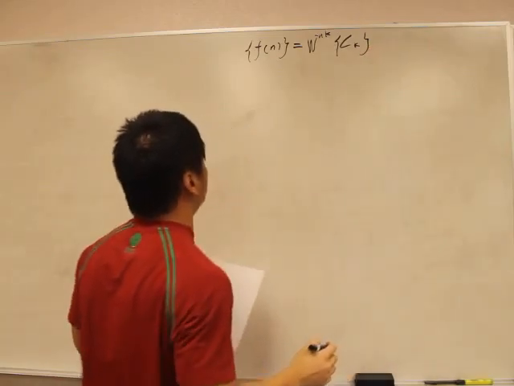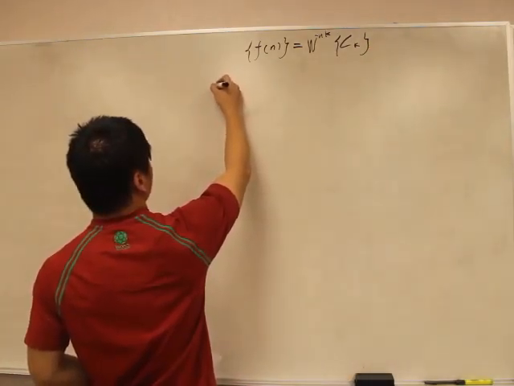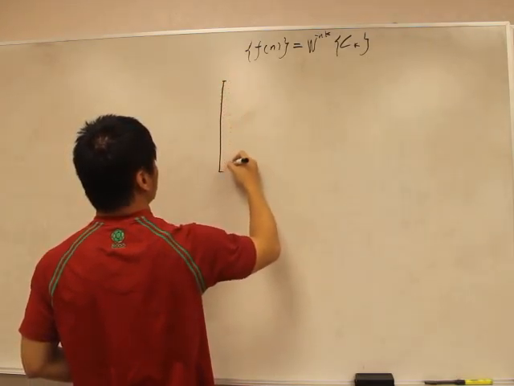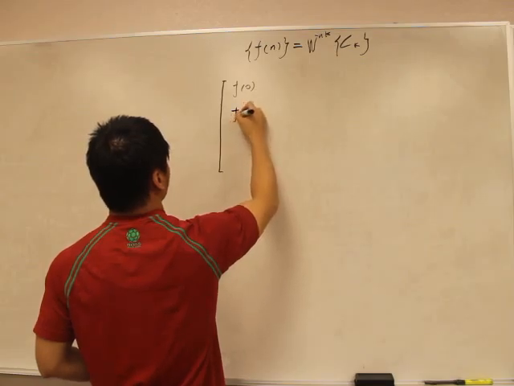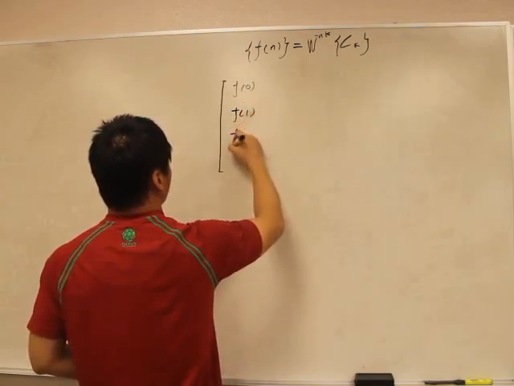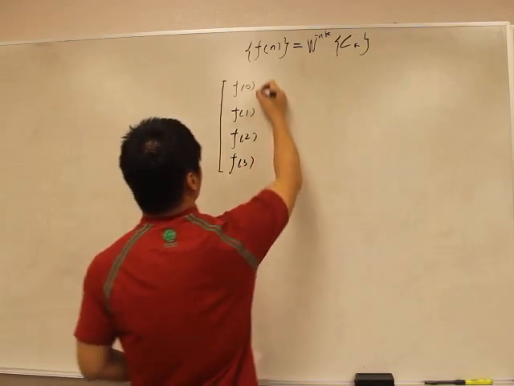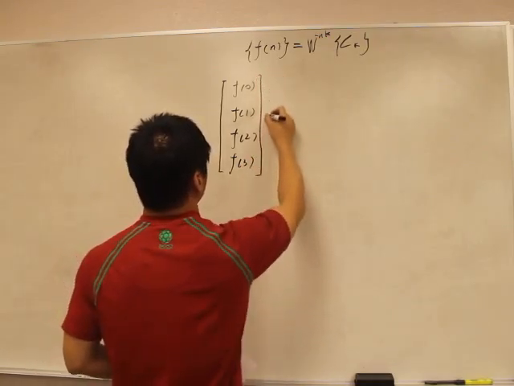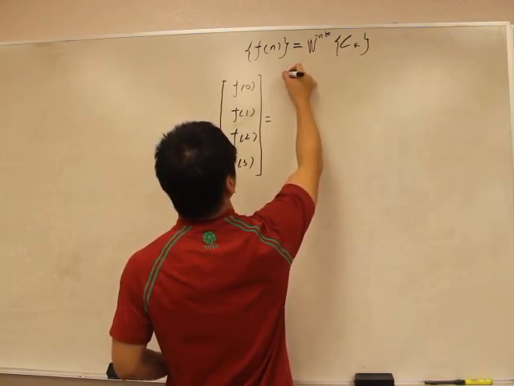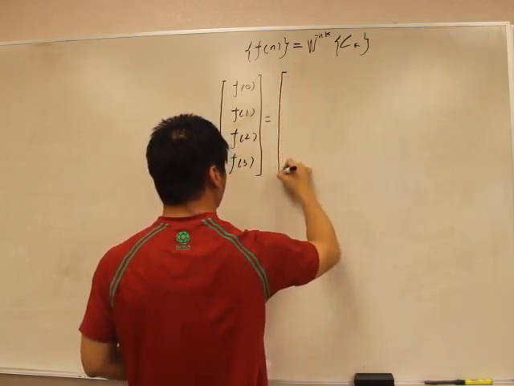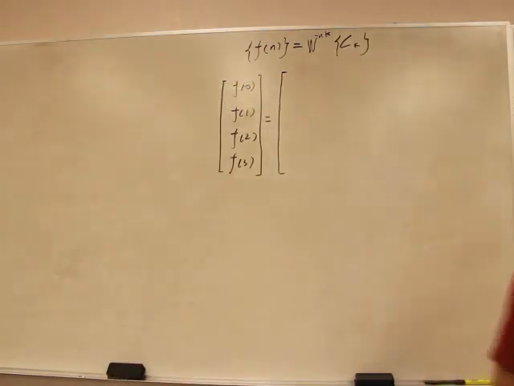Now we're going to write this. F of n is f of 0, f of 1, 2, 3, is equal to this, and this is going to be the first term here.